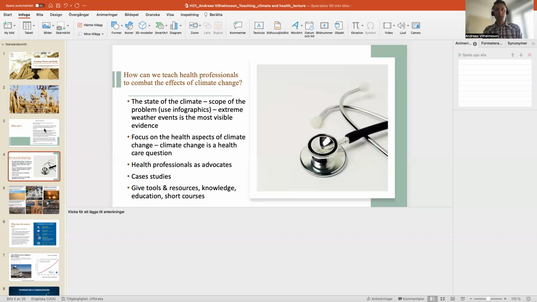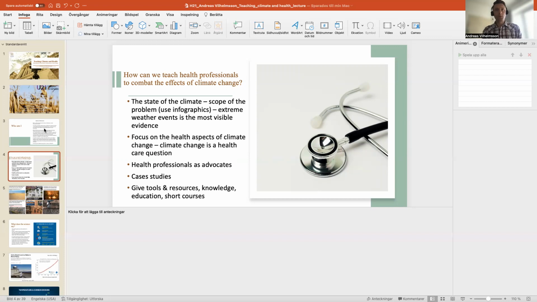So, how can we teach health professionals to combat the effects of climate change? I have now for some time educated in the medical program that I said, and I think it's very important to do certain aspects of this. For instance, it's very important to explain the state of the climate, the scope of the problem, and here it's very important to use infographics. I have found that extreme weather events is very important to show, as it's the most visible evidence of climate change.